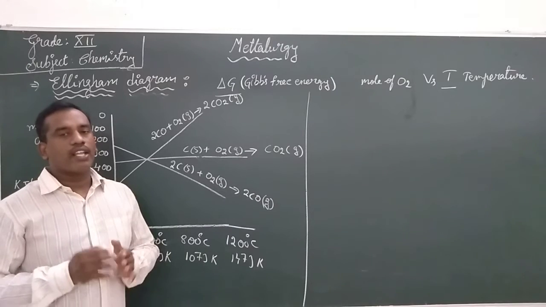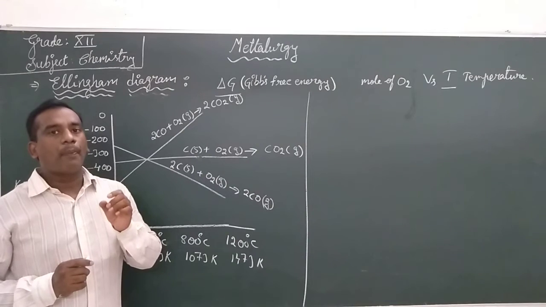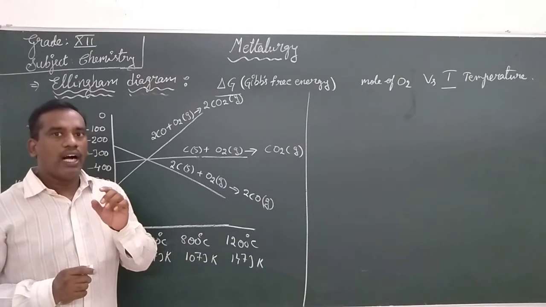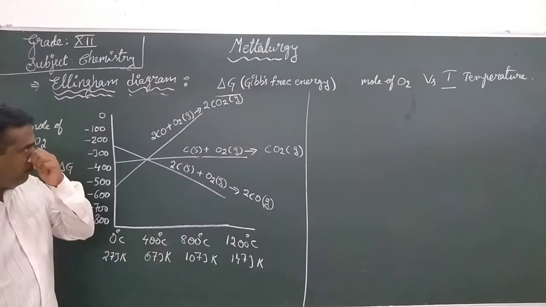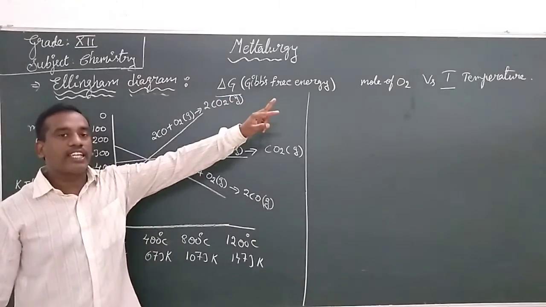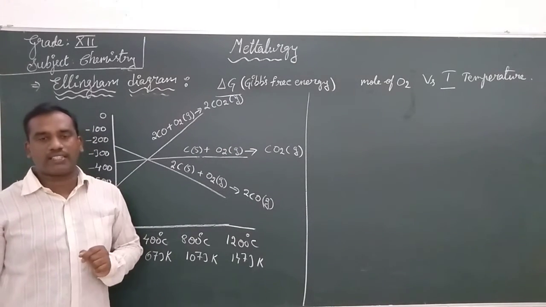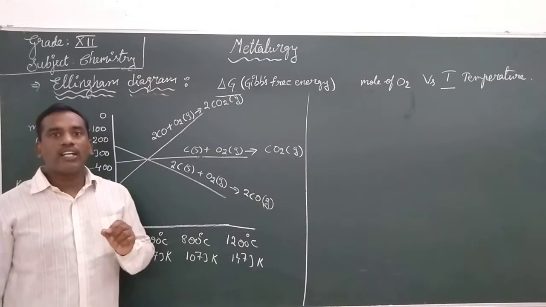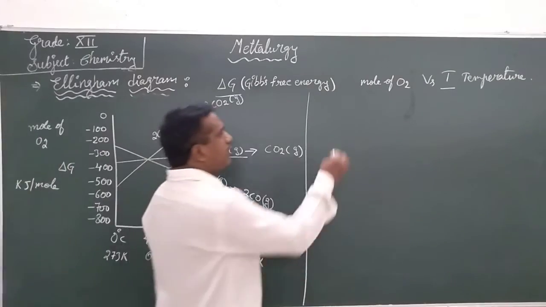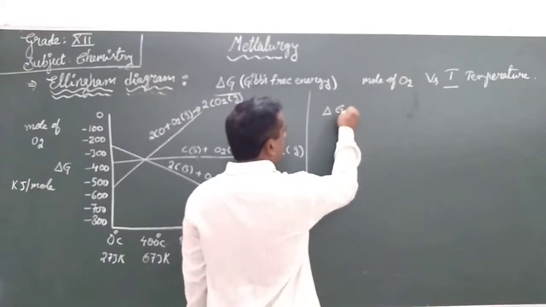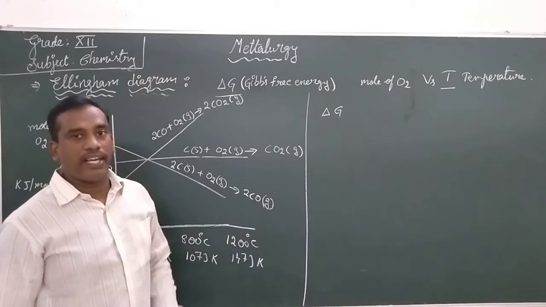When we study, it is a graphical representation obtained by plotting temperature versus Gibbs free energy. We learned this term, Gibbs free energy, in the thermodynamics of the first year. What is this Gibbs free energy? It is generally represented with the symbol delta G. What is it explaining?